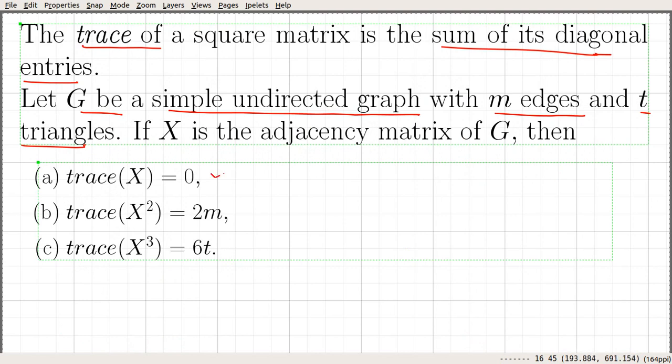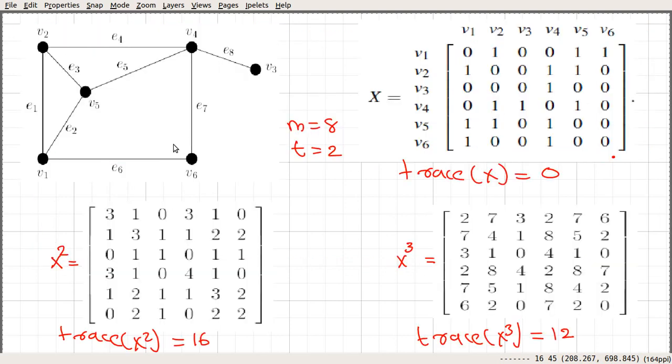The second result says the trace of the square of the adjacency matrix is equal to 2 times the number of edges in the graph. Anyway, let's go and verify, and after that we will prove them. Let's consider this x squared. Here the trace is 16, the sum of the diagonal elements.